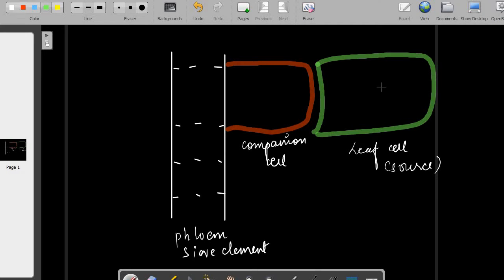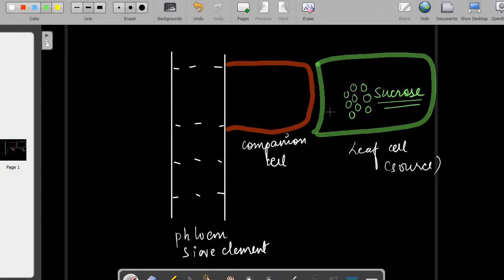Now here, by the process of photosynthesis, glucose has been made and converted into sucrose, where sucrose is the one used for transportation. Now what happens is, there is no initial pull for the sucrose to move this way. Sucrose is produced, it's ready, and it needs to go down towards the sink.